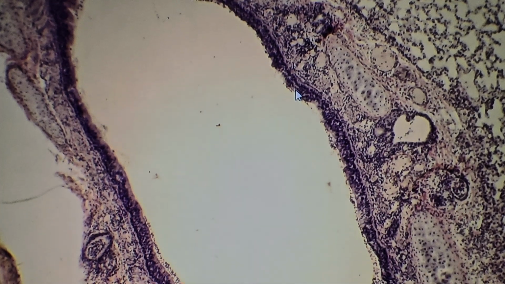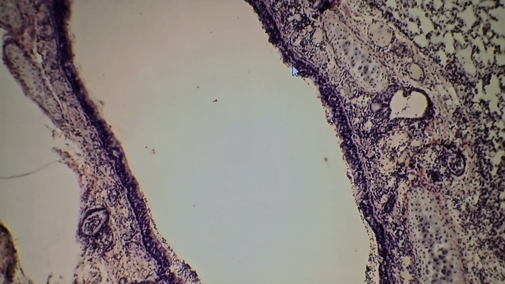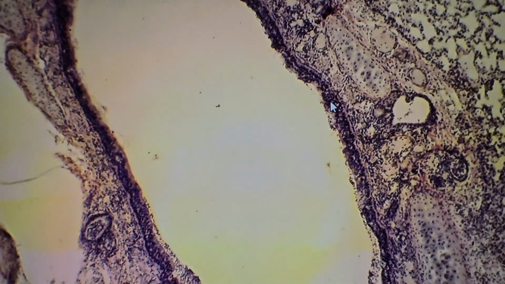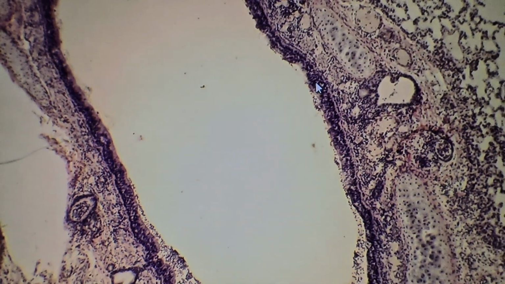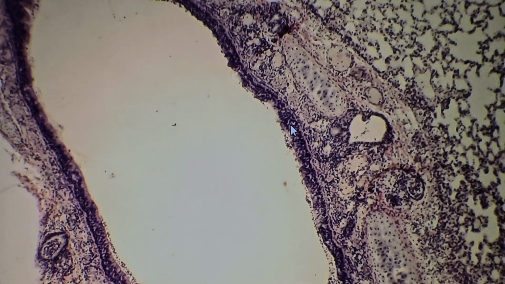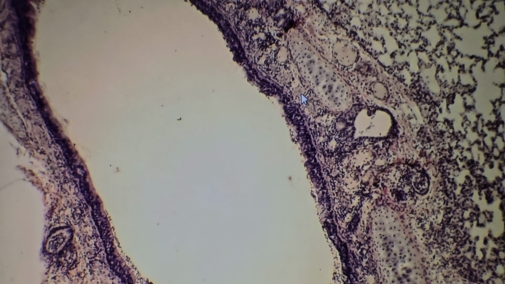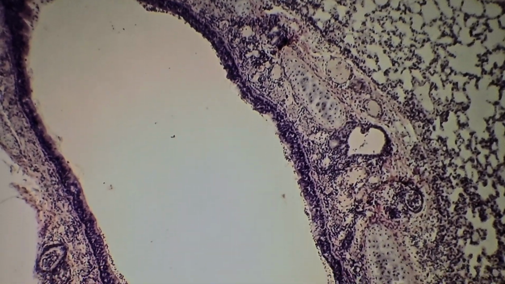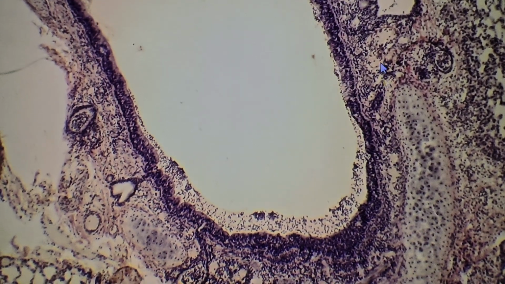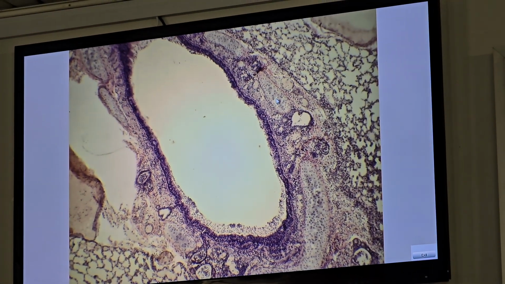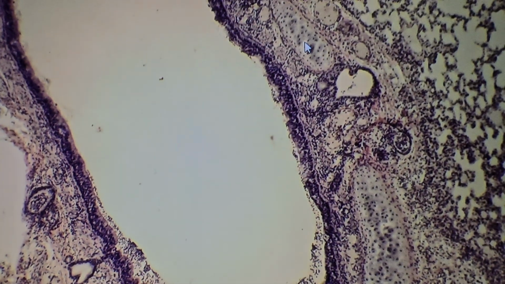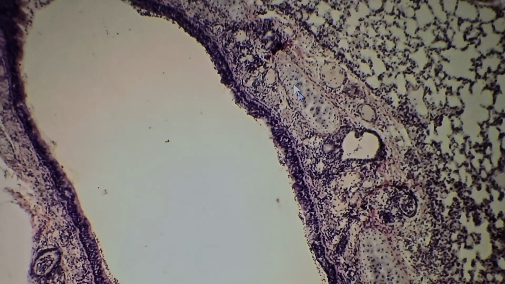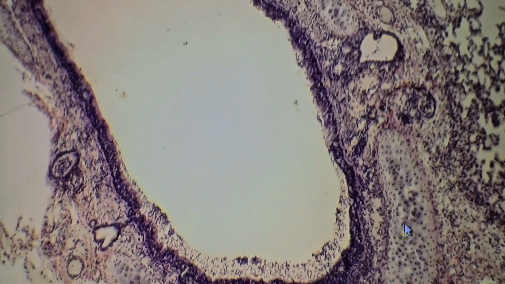But as the diameter decreases, the wall of the bronchi has isolated plates of hyaline cartilage. The hyaline cartilage rings are replaced by isolated plates of hyaline cartilage.